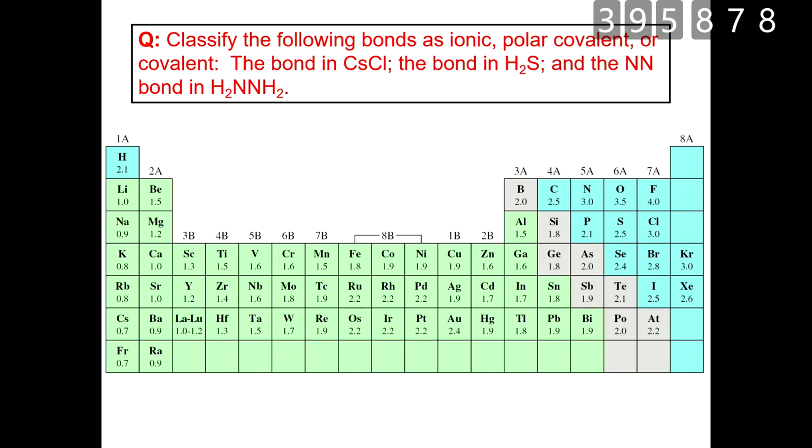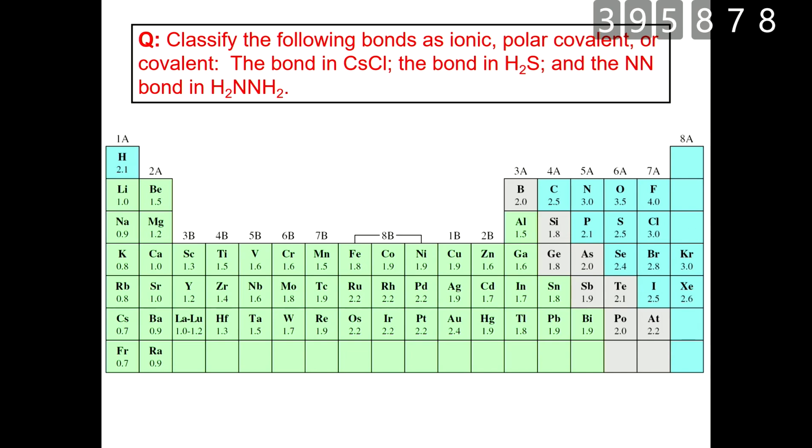So what's the difference? 2.3. So what's the bond type and why? Because the difference is larger than 2, so it's an ionic bond.